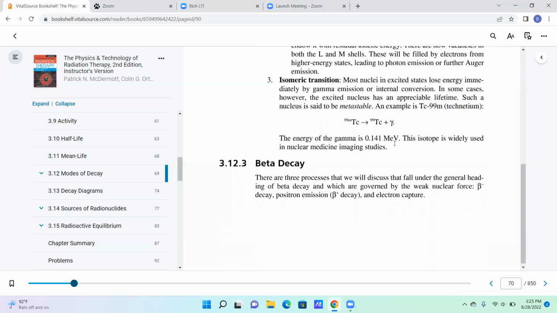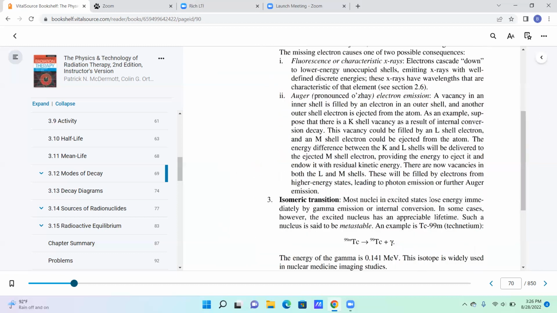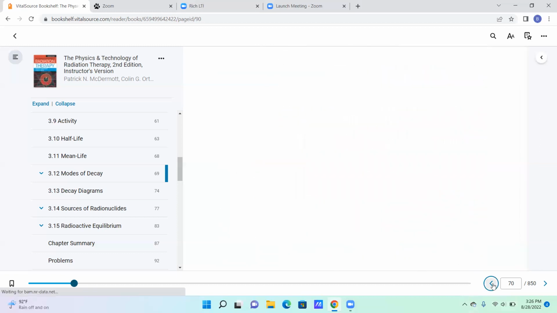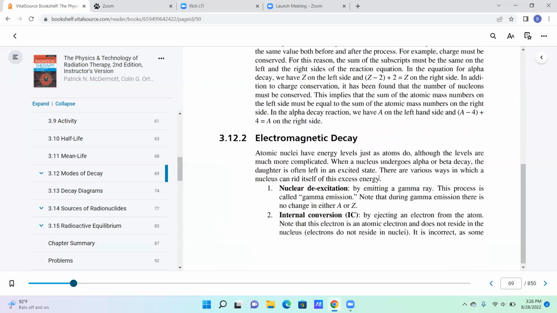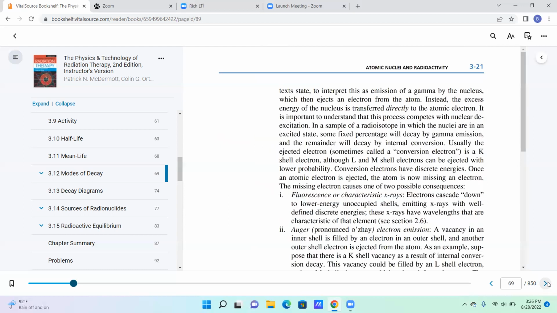The energy of the gamma is 0.141 MeV, and this isotope is widely used in nuclear medicine imaging studies. So all of those particular reactions belong to electromagnetic decay.